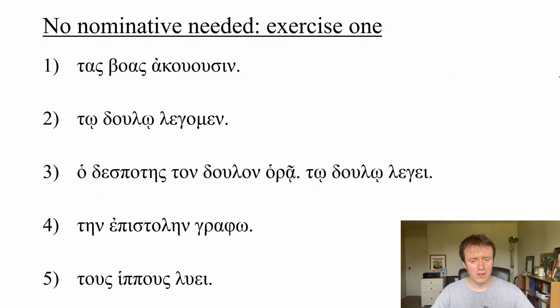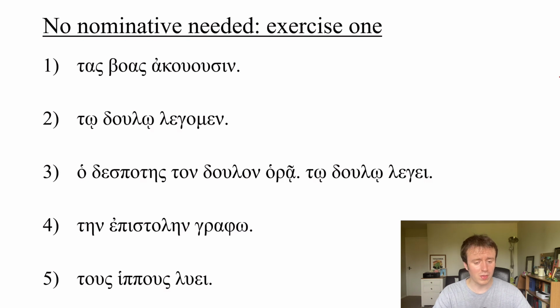Okay, here is the first exercise that I have created for you to practice using this principle that ancient Greek sentences do not need nominative nouns or pronouns, and if they don't have a nominative noun or a pronoun, then you need to find the subject in the person ending, okay? So in order to translate these sentences, you will have to look at the person endings of the verbs.